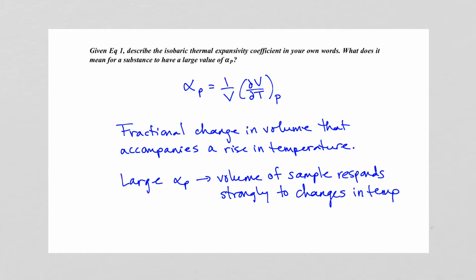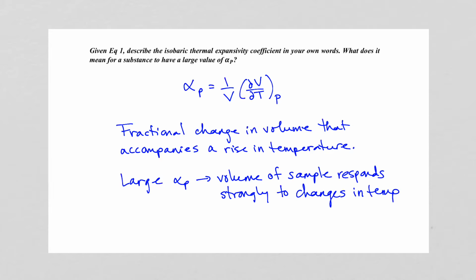The one last thing I'll point out here for our alpha P is that we have this term out front, this 1 over V. Since we have our volume in the denominator here, that's telling us that this expansivity coefficient is also dependent on the relative volume of the substance that we're considering. So larger volumes are going to, in turn, factor into a smaller response overall for the substance with temperature.